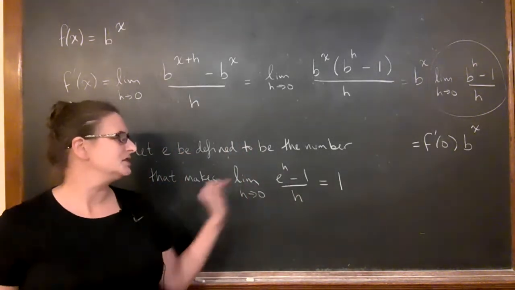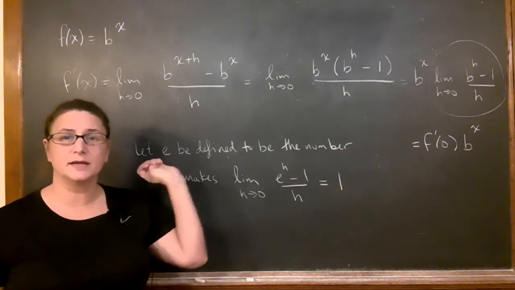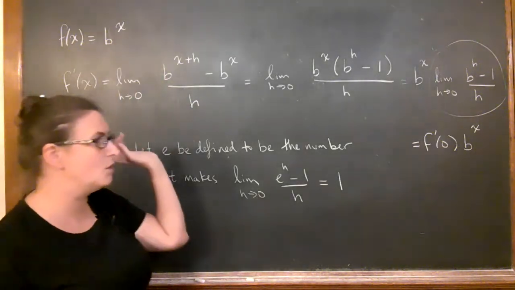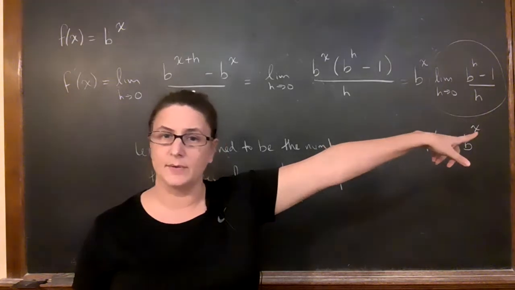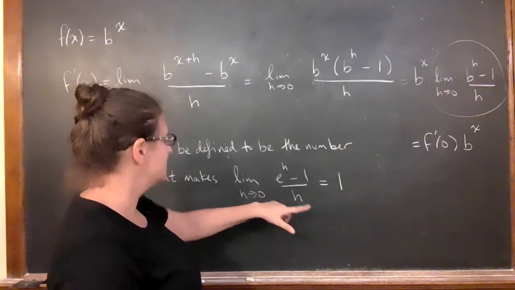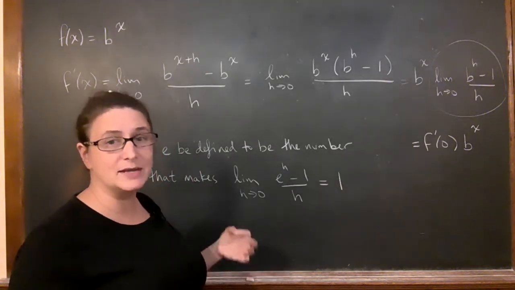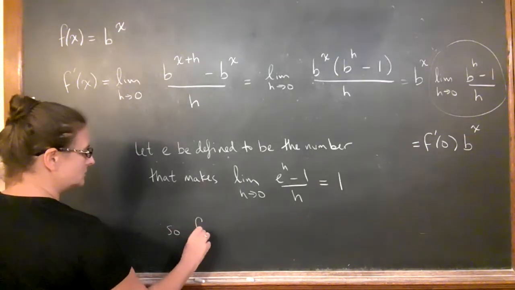So, in other words, as long as you're dealing with e to the x rather than 2 or 4, you don't have to worry about evaluating that limit. You can just go ahead and use this, because by our definition of e, this limit is 1.